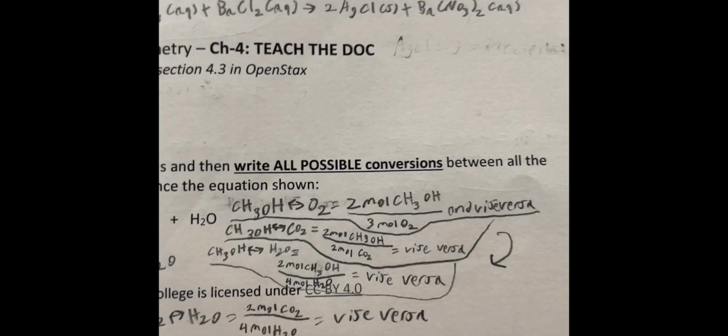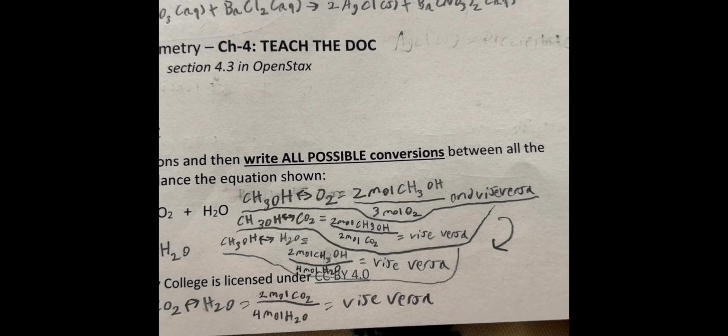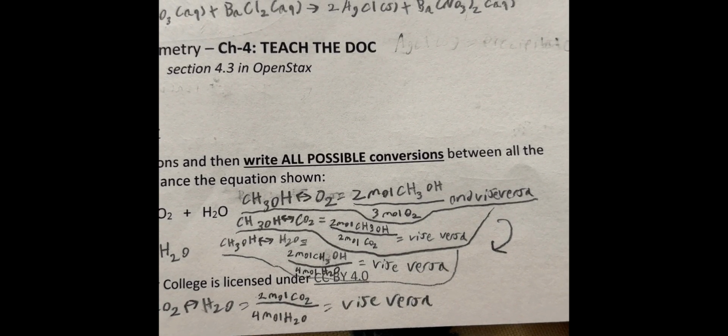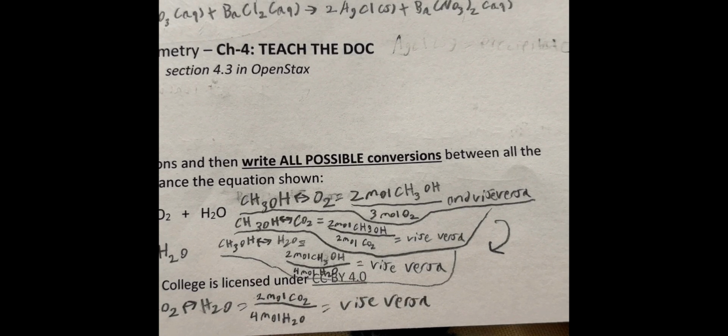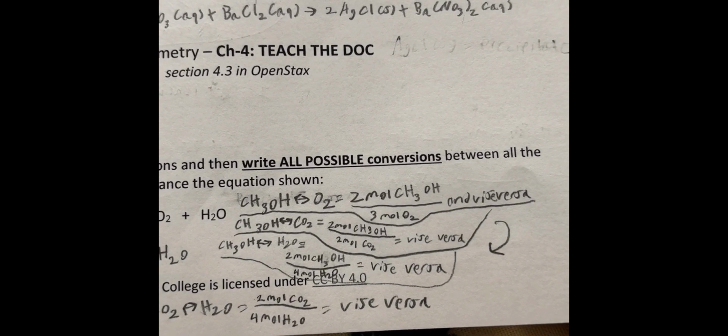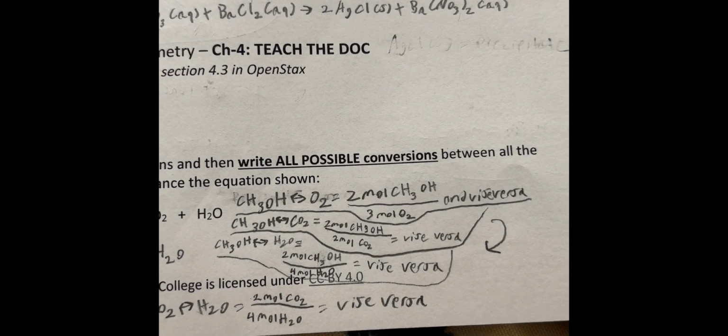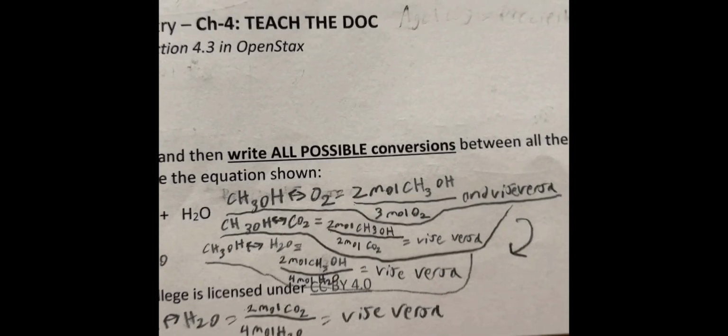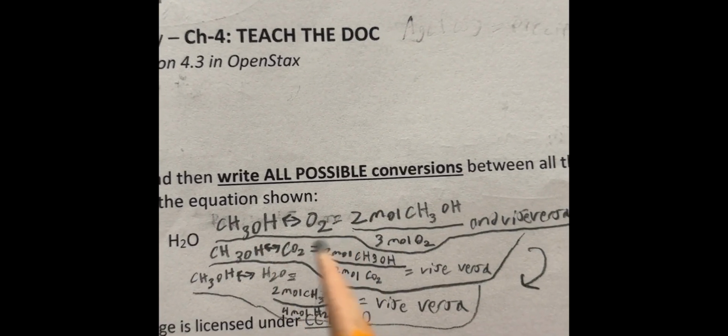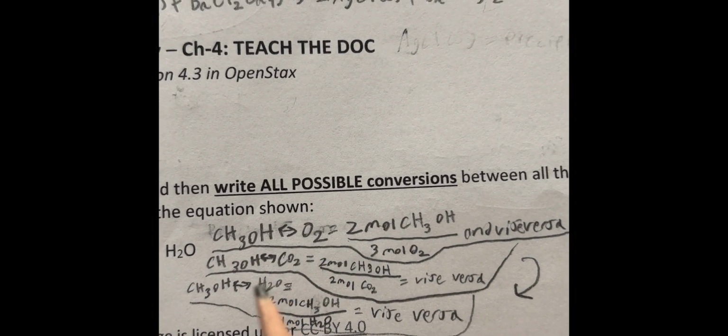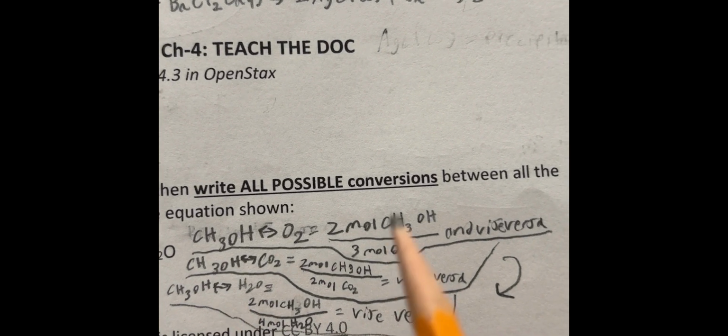So for mole-to-mole conversions, in a balanced equation, the coefficients represent mole ratios between reactants and products. So essentially, you can write conversions between any 2 substances in an equation, and there are 6 combinations of pairs, each with a ratio in this case. So from reactant to reactant, we have 2 moles CH3OH to 3 moles O2, and vice versa.